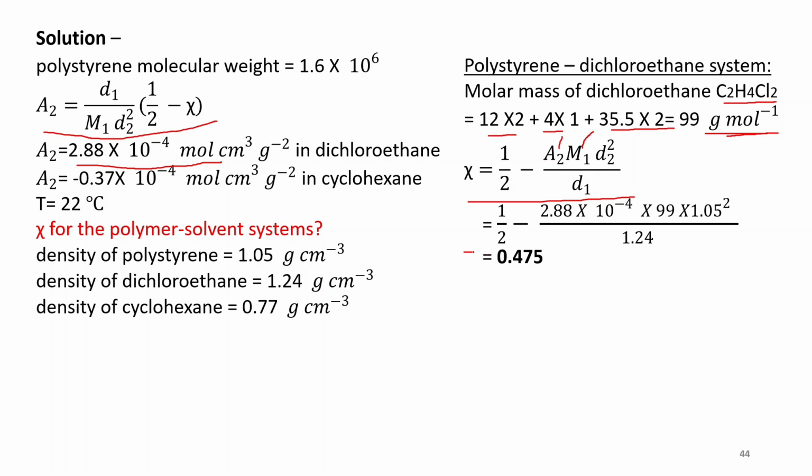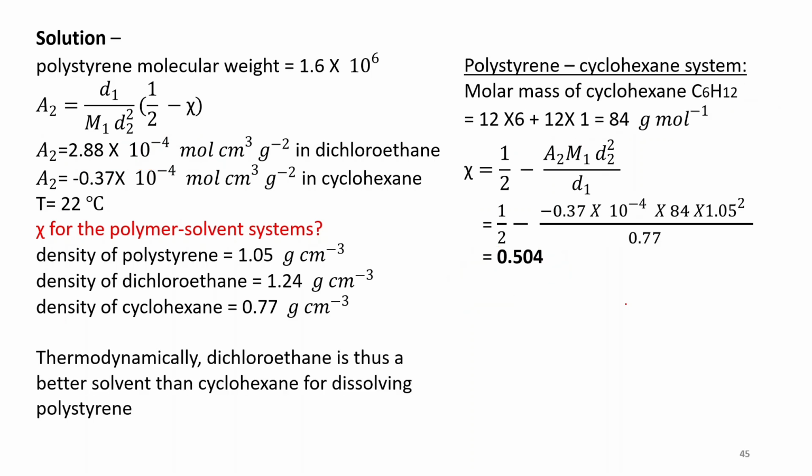So when we put these in, we get chi as 0.475, right?